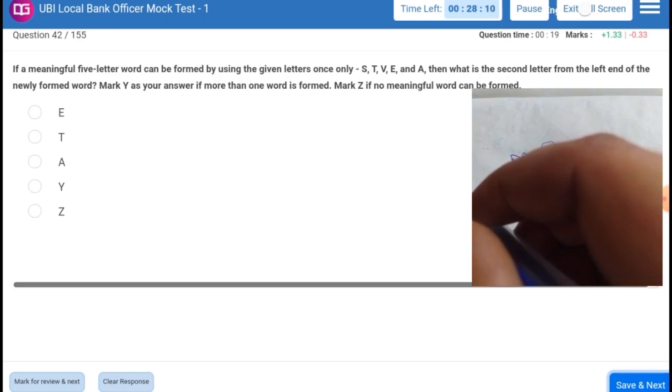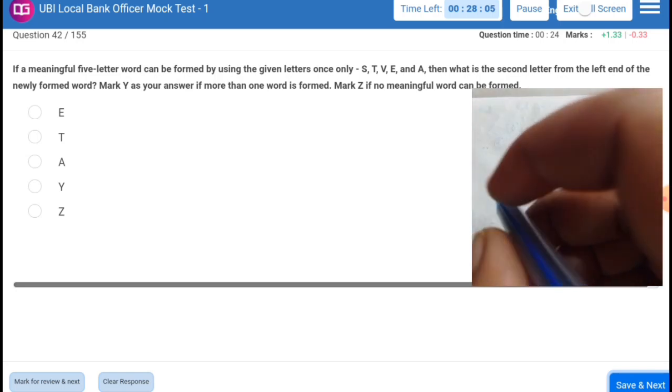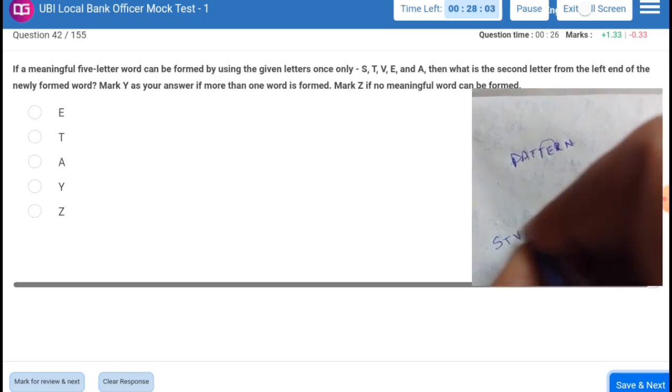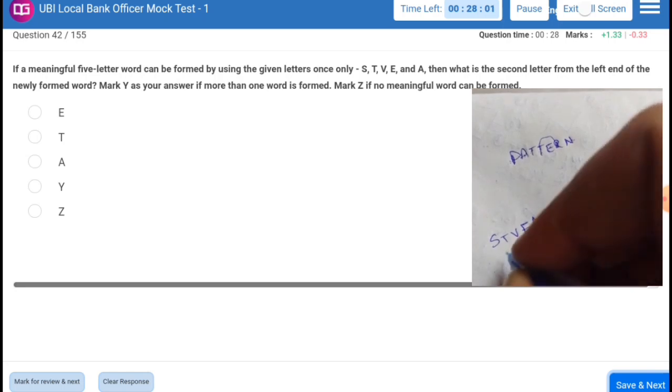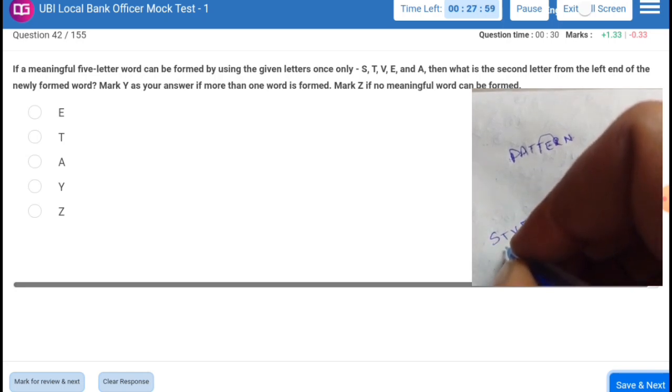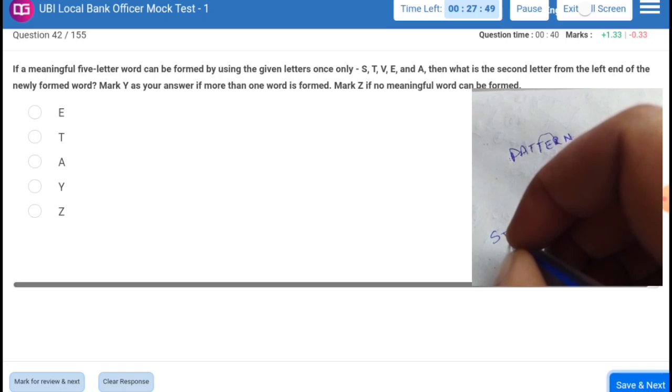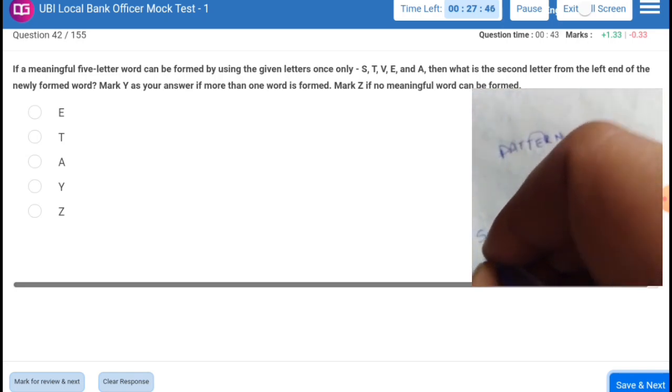So, if a meaningful five-letter word can be formed by using the given letters once only. Think stave.